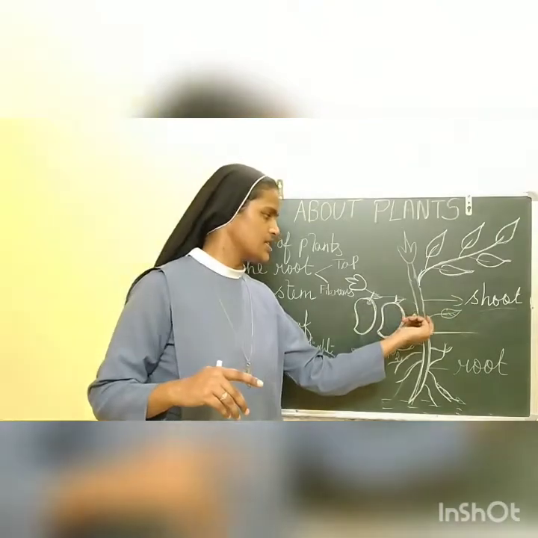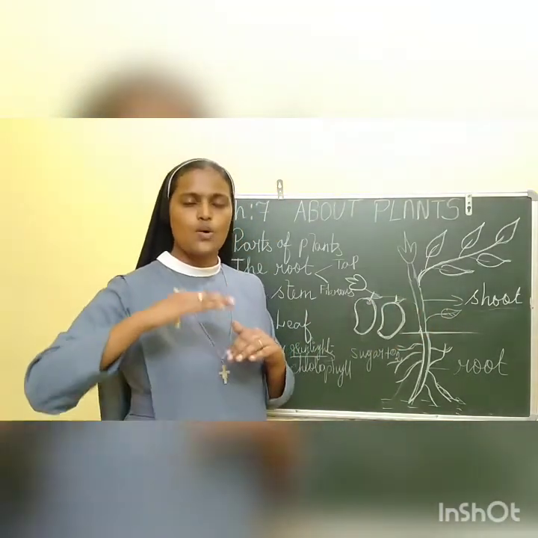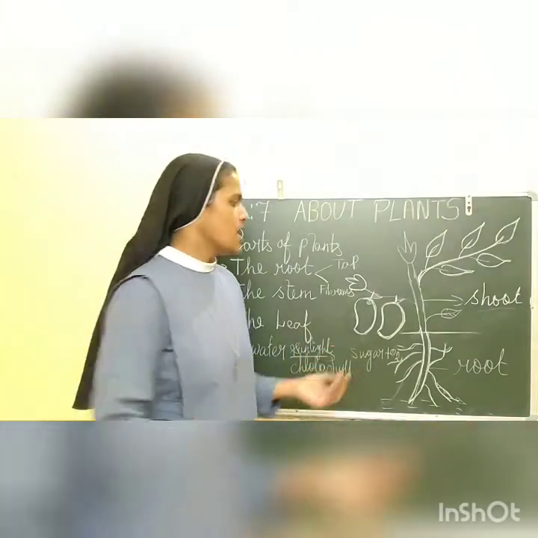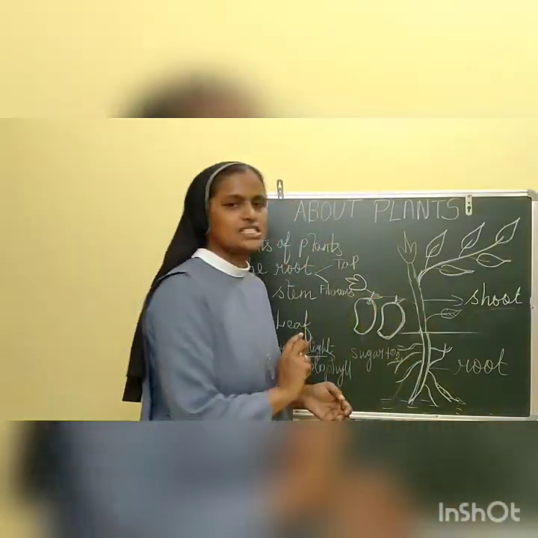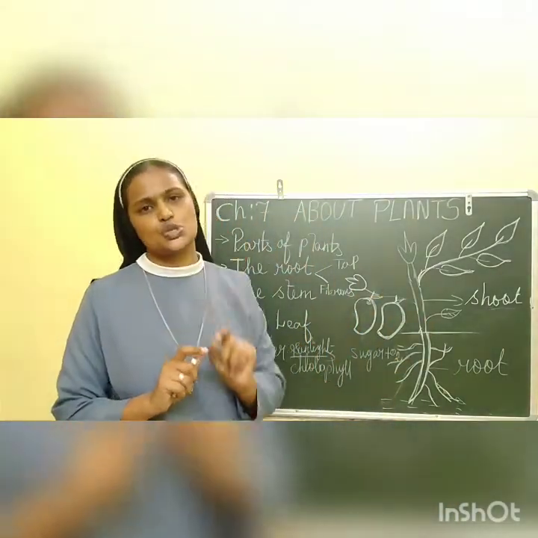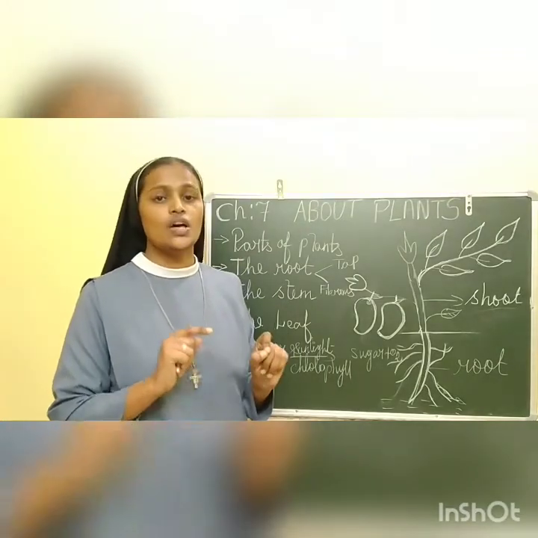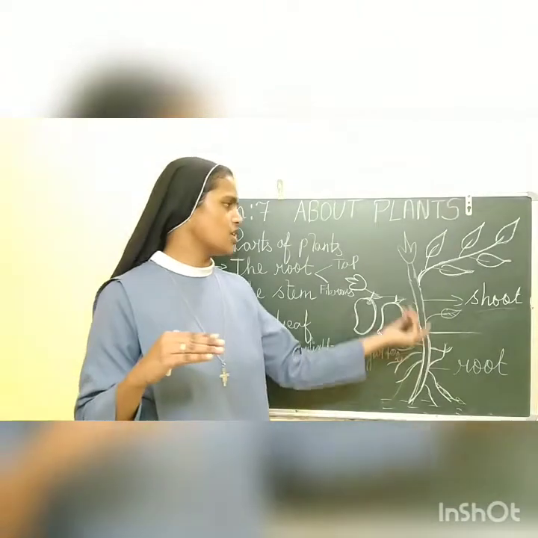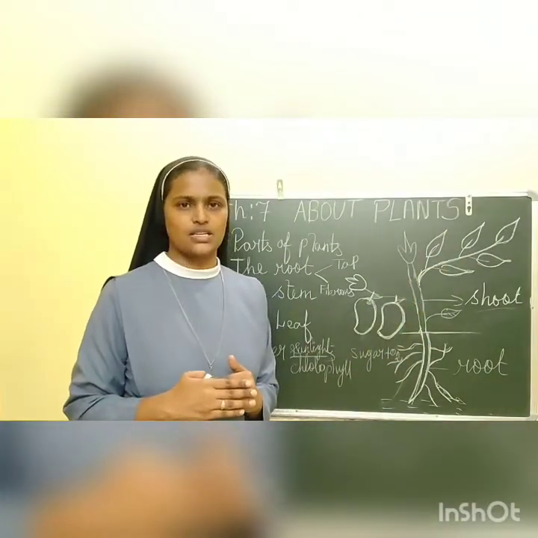So, this stem is transporting water and minerals to the leaf as well as fruit. Inside the stem there is a thin tube called xylem. It helps to carry water and minerals to the different parts of a plant.